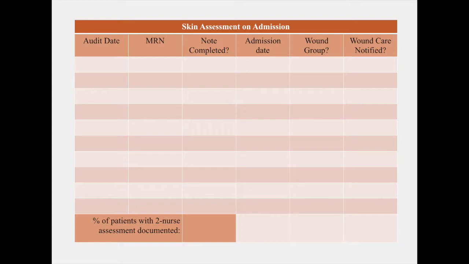This weekly audit would look to see if the 2-nurse skin assessment was documented as completed upon arrival to the unit. It also checks if a wound group documentation was added to the patient's chart on admission, and if there is a progress note documenting that wound team was notified if any alteration in skin integrity was found.